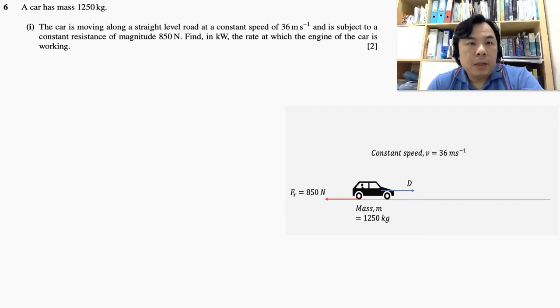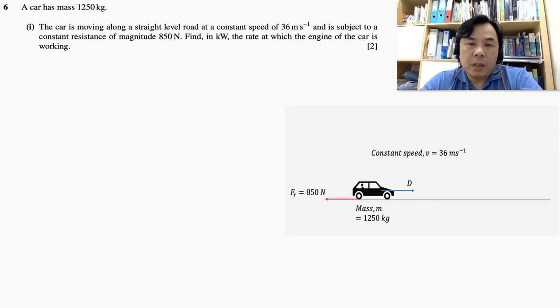Now, the car is moving along a straight level road at a constant speed of 36 meters per second and is subject to a constant resistance of magnitude 850 Newtons. You can see that from the diagram itself. There is a constant resistance of magnitude 850 Newtons, and the car has a mass of 1,250.